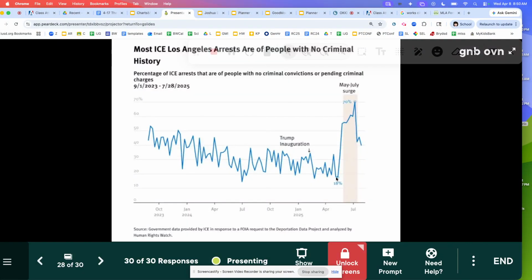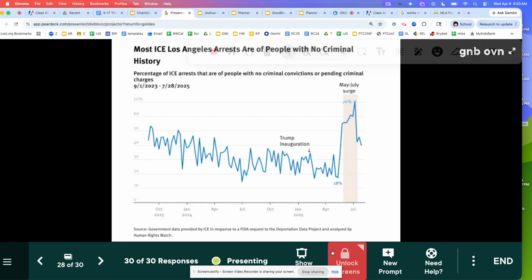But then if you do 70 minus 18, that should have been a 52% increase. It nearly doubled. It increased by about 50% from the end of spring to summer. That should have been the significance, okay?